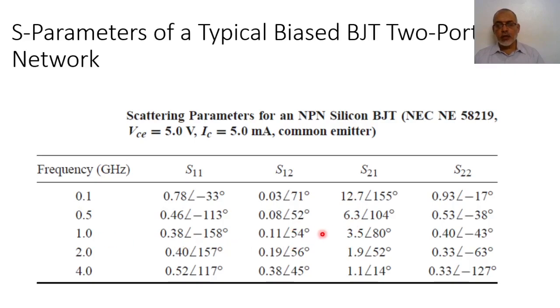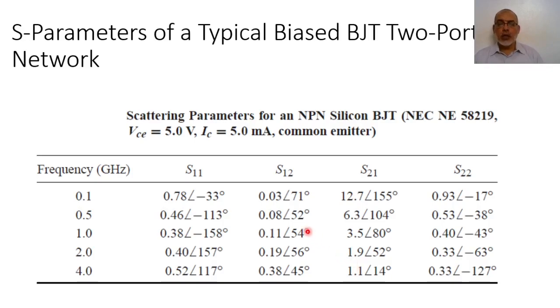At 1 gigahertz, it is a quarter of the beginning value, nearly 3.5, and so on. So effectively, the gain of the transistor, which corresponds to S21, is decreasing with increasing frequency. And this is actually what we are expecting from the threshold frequency from the previous video.